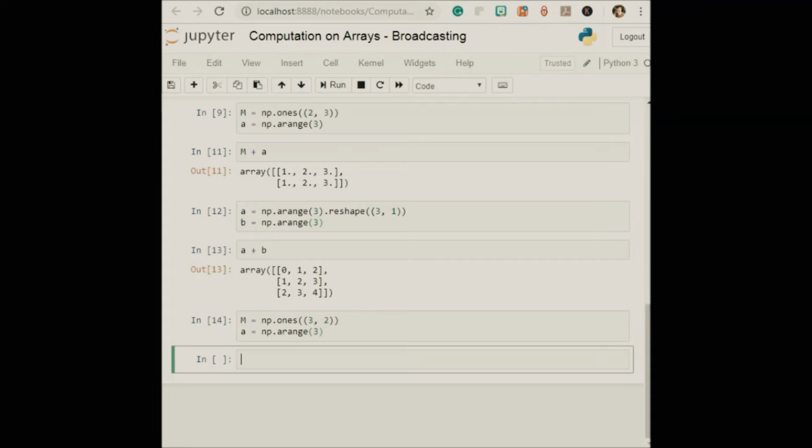The shapes of the arrays are like this. Again, rule number 1 tells us that we must pad the shape of A with ones like this.